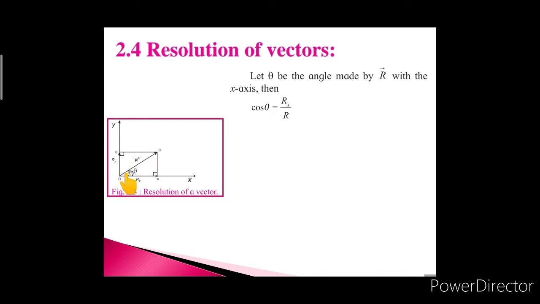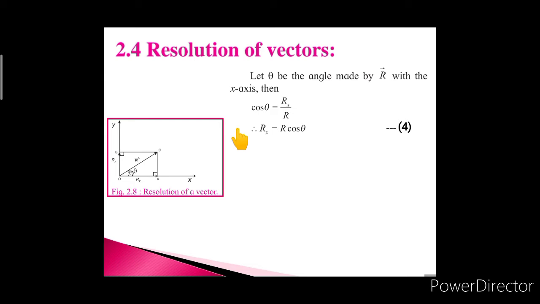Taking the magnitudes, the magnitude of vector OA is Rx and of vector OC is R. So we can write cos theta as Rx upon R, and by using this the value of Rx becomes R into cos theta. So Rx is R cos theta. Give it equation number 4.